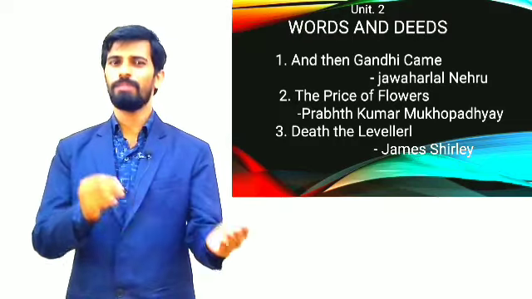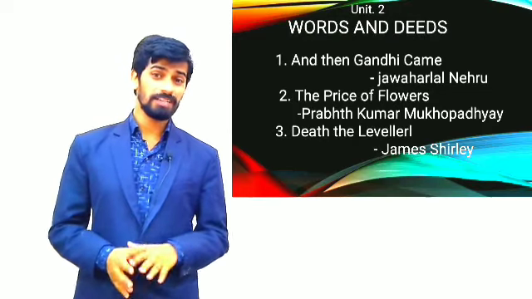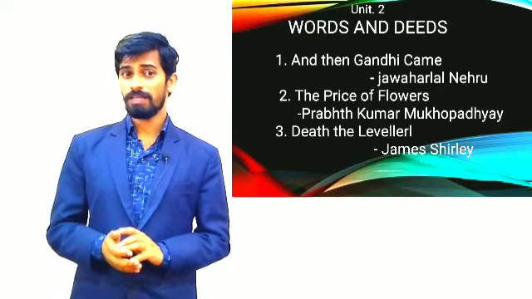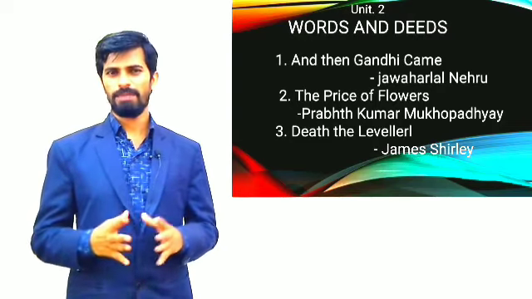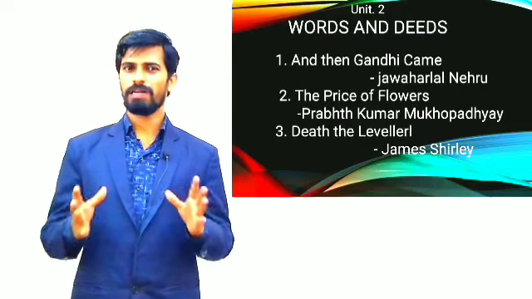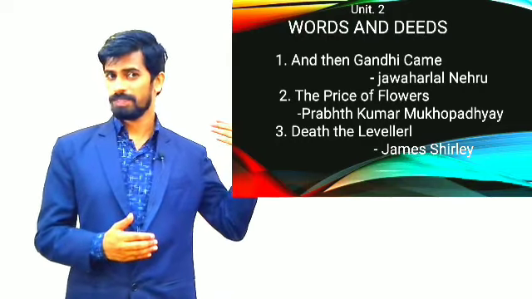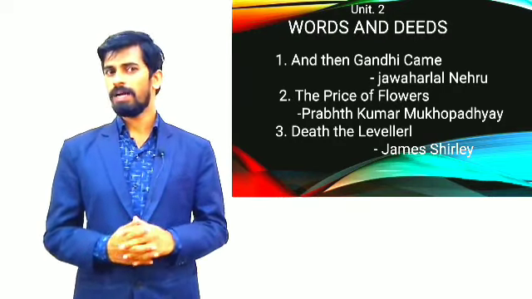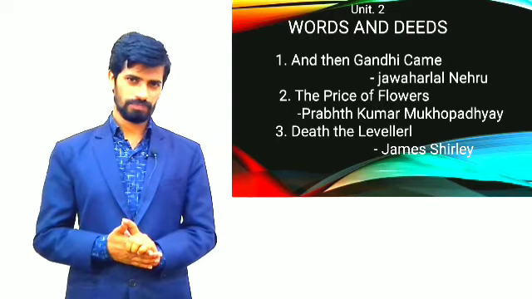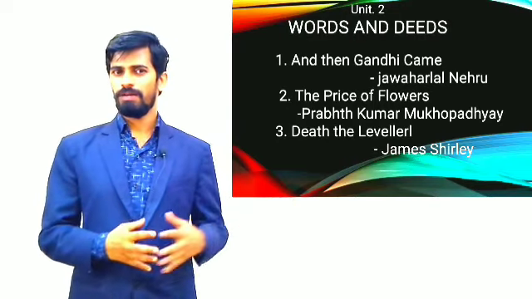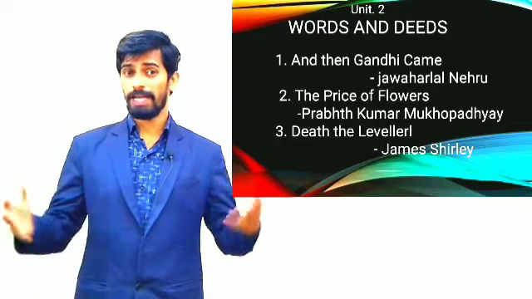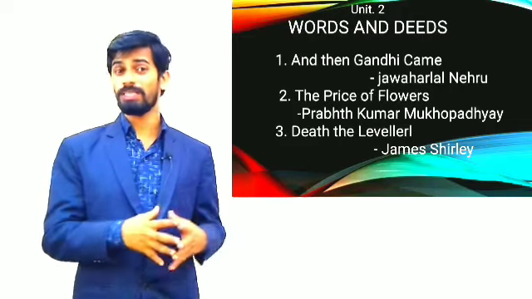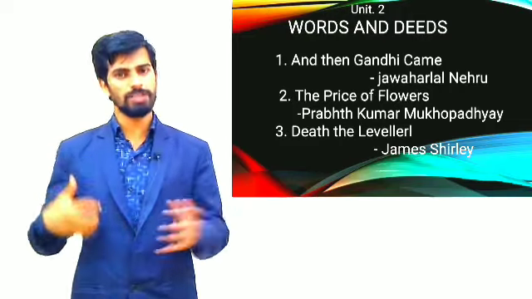Before getting into the poem, let me say, actually there are 3 chapters in this unit. The first one, an article written by our first Prime Minister of India, Mr. Jawaharlal Nehru, about the father of the nation, Mahatma Ji. The title of the article is, "And Then Gandhi Came." In this article, Jawaharlal Nehru explains the time of the arrival of Gandhiji, what the condition of India was, and what change took place.